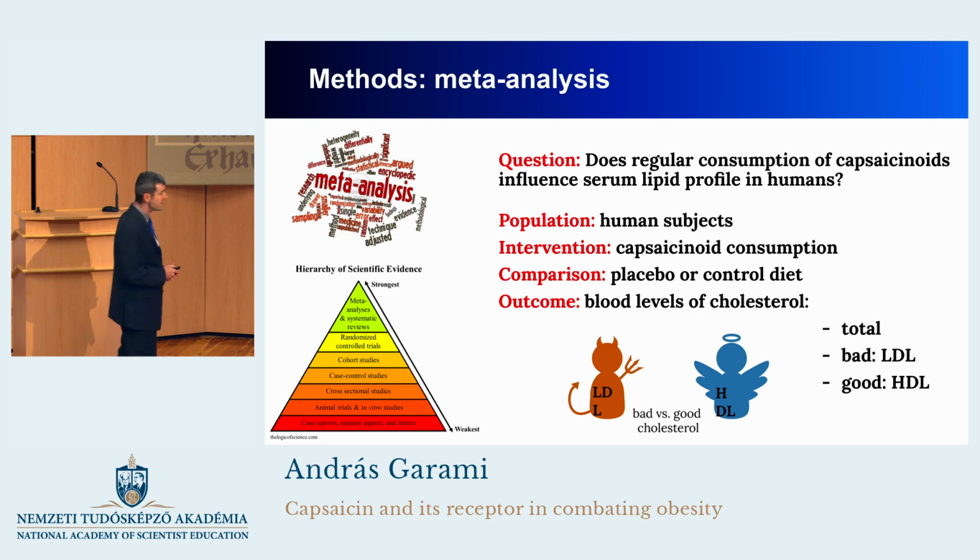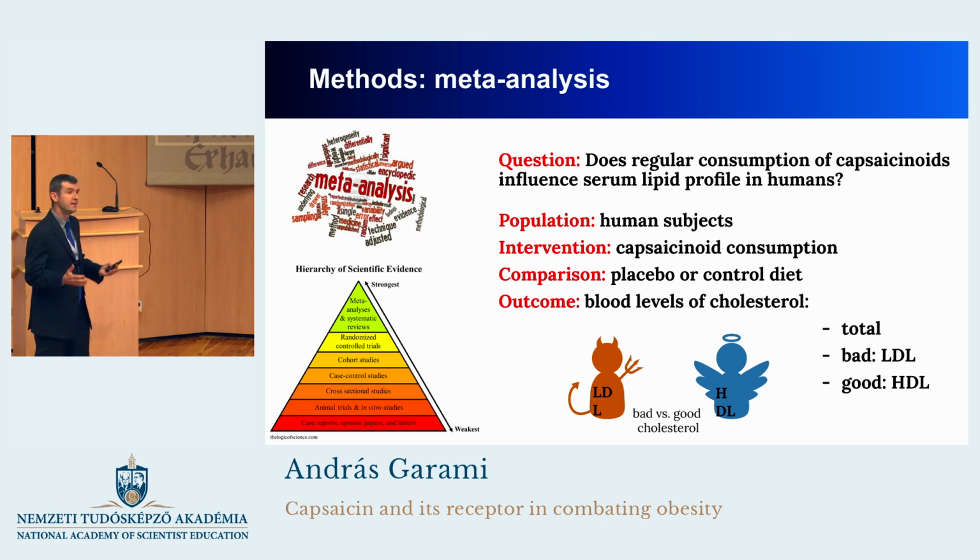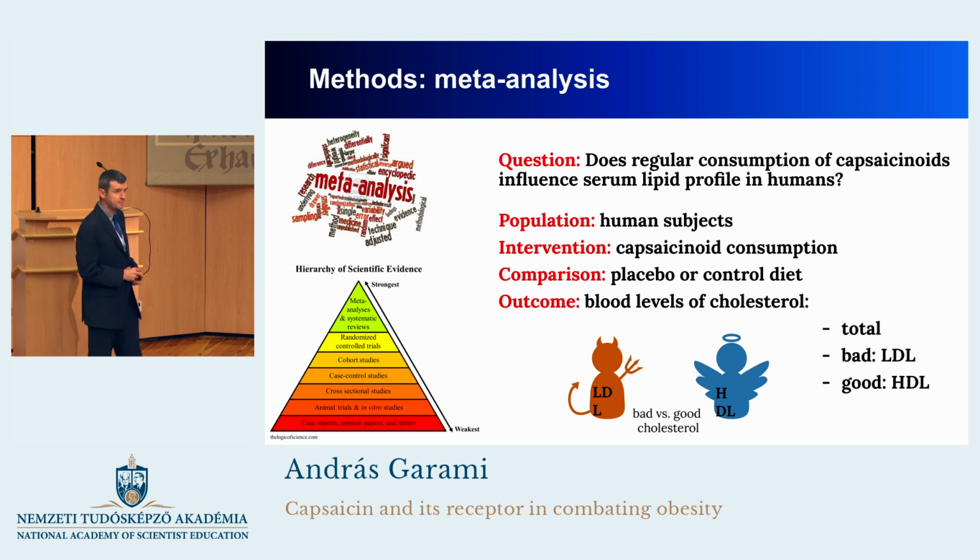To answer our question, we used the tool meta-analysis, which is an ideal tool to summarize the available literature and available data in a certain field, and then quantitatively perform new data synthesis and provide support or rejection of a certain hypothesis. Therefore, it is also considered in some opinions as the highest, strongest scientific evidence in the hierarchy of scientific evidence.